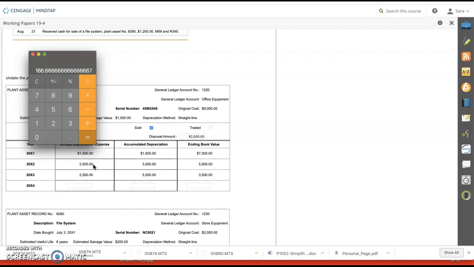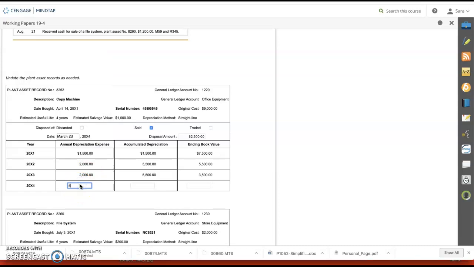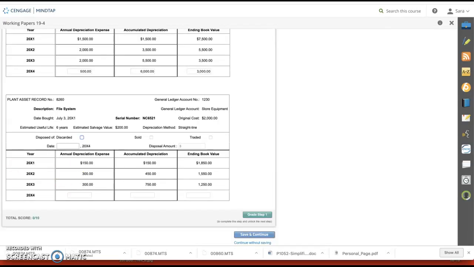And then, so we'll take that times 3 months. So times 3, and we'll get $500. So we're going to take 500 plus 5,500, so 6,000. And then our ending book value is $3,000.